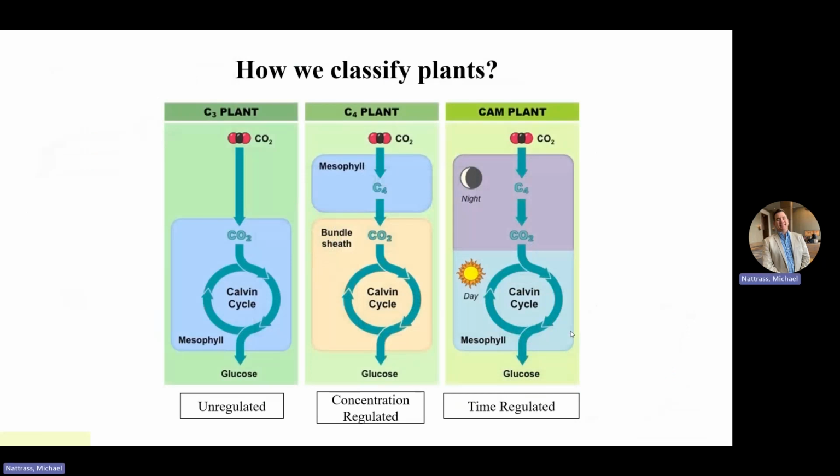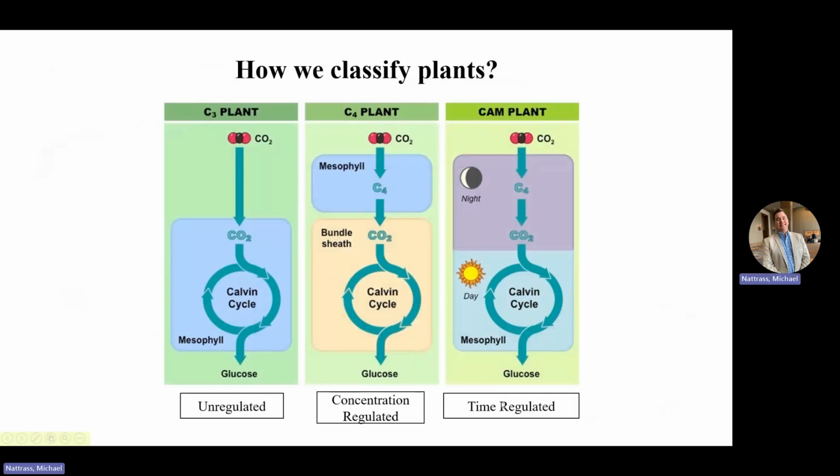All right, so next, the way that we classify these plants is by either C3, C4, or CAM. As I mentioned before, we have a C3 molecule. That is going to be the first molecule that is made in step 1 and 2, or a 4-carbon molecule, and we'll see this later on.